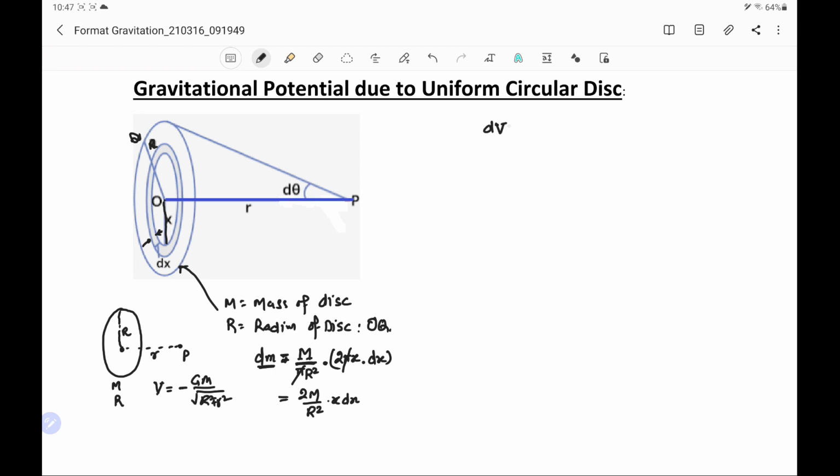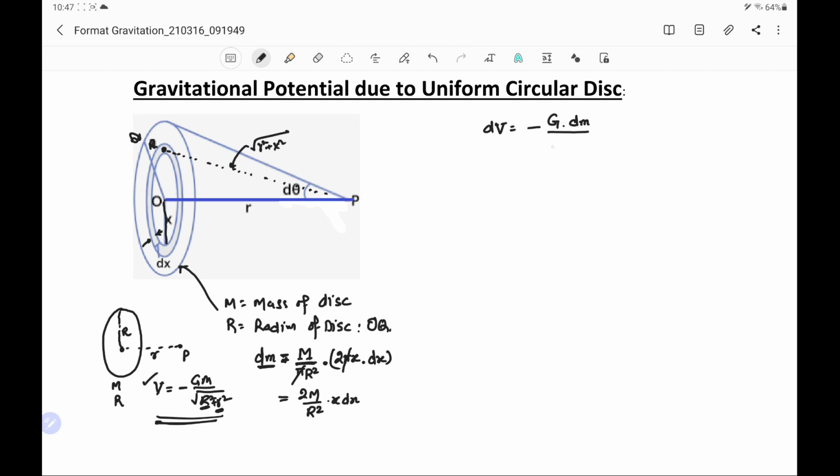So the elementary potential will be, same formula we are using, minus G M. In place of M, we will use the elementary mass, divided by the distance of this elementary mass from the point P. In the formula of the ring, r was the distance of the point on the ring from the point P. If we take a point on the ring and find the distance from the point P, then this will be equal to root r square plus x square.